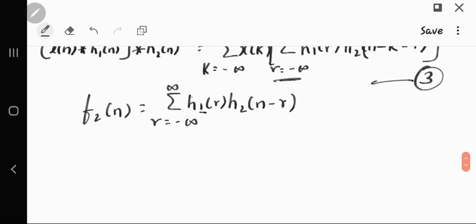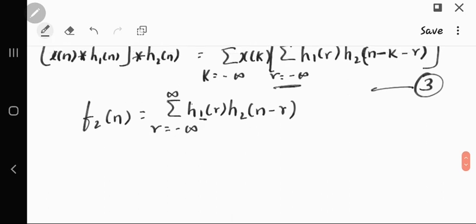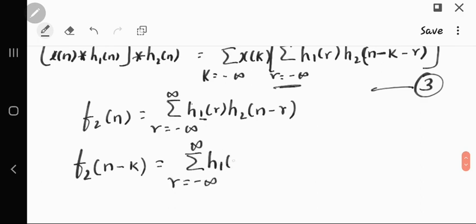If f2 of n gives like this, then to get h2 of n minus k minus r, we should replace n with n minus k. So that then the equation will look like this: r is equal to minus infinity to plus infinity h1 of r, h2 of n minus k minus r. So you just observe these two. F2 of n, we have h2 of n minus r.